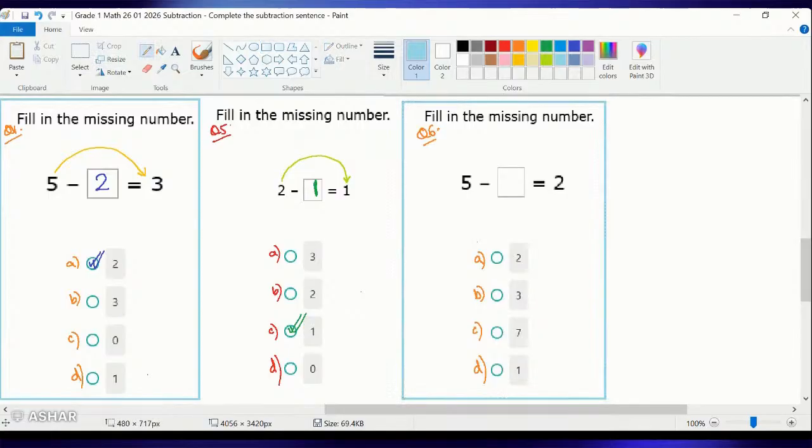If there is an easy way, rather than finding the number, what we do is 5 minus 2. What is 5 minus 2? Precious, what is 5 minus 2?